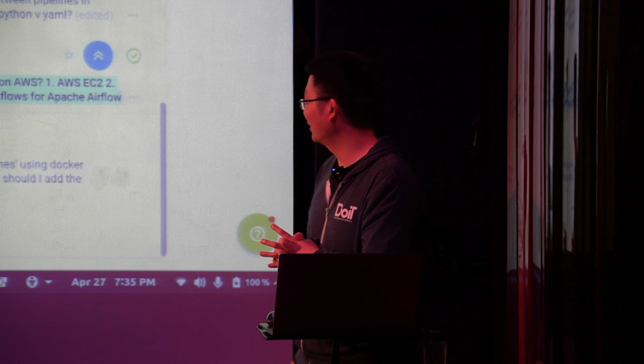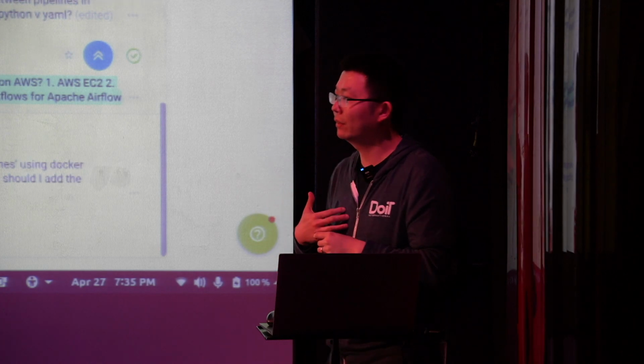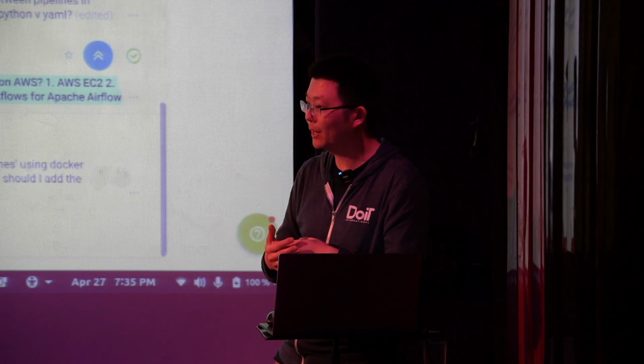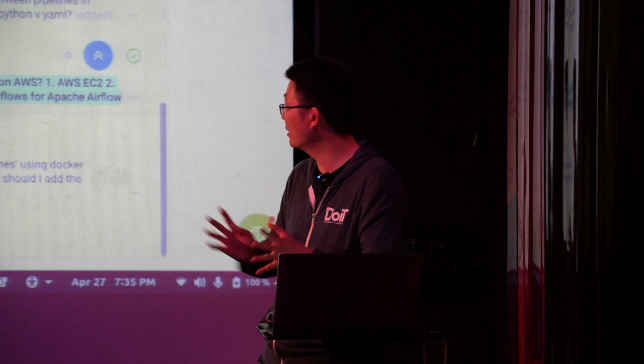I would start with Docker Compose on EC2. Again, if you want to verify a theory, do that at bare minimum cost before your team or yourself is familiar with Airflow.